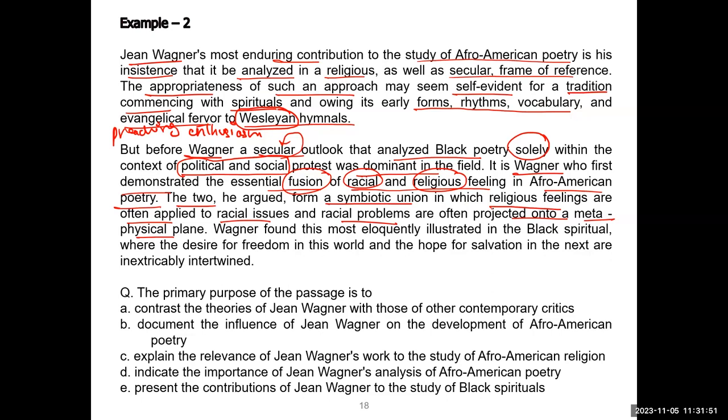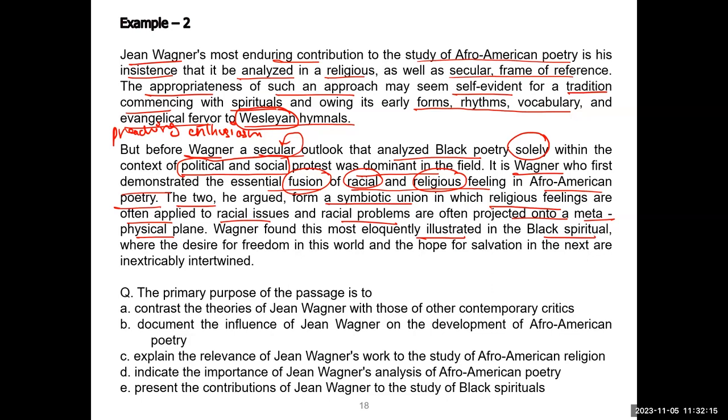And then he gives you an example also. Wagner found this most eloquently illustrated in the Black spiritual. Now, Wagner proves his point by giving you an illustration or example. He gives you an example of the Black spiritual. The Black spiritual is the religious song sung by the Black people.